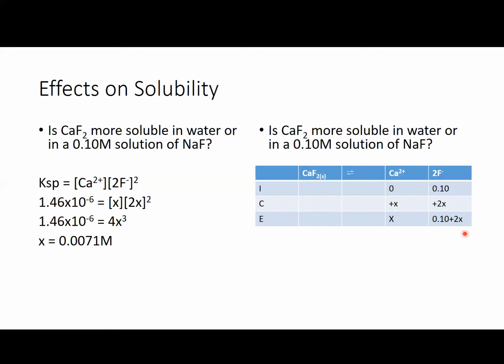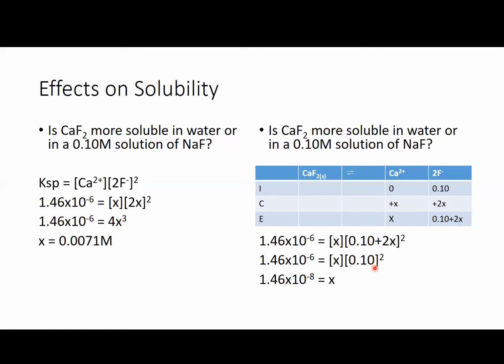So it changes things. How does that influence my math? My KSP is equal to x times (0.1 plus 2x) squared. And because this is a small number, I can do my small x approximation, which means it's x times 0.1 squared. And now my math's really easy, because I don't even have to take the square root of anything.